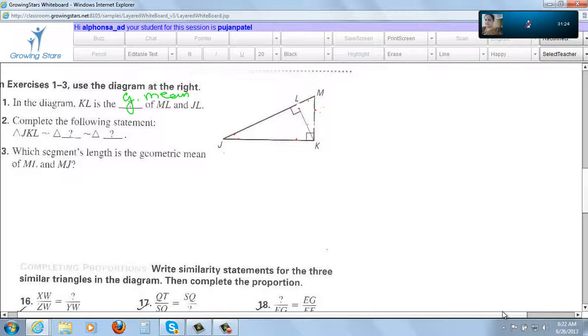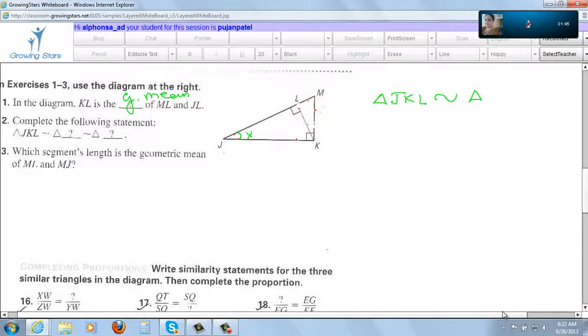Now writing the similarity statement, JKL similar to the other two triangles. You're good at that, but if you need help, you can put the angles. Shall I put X here?